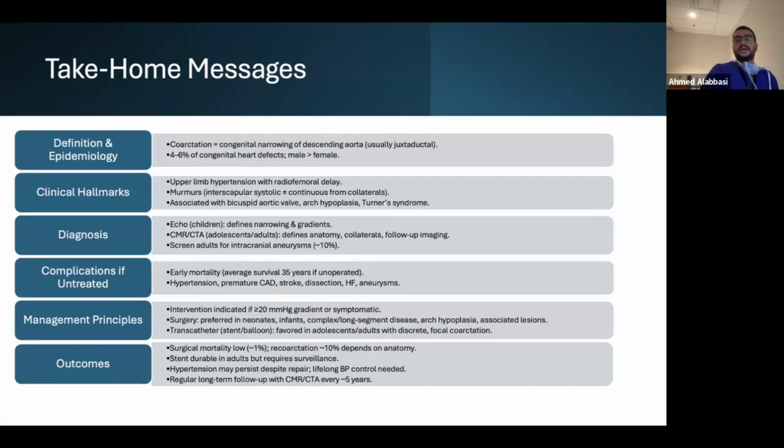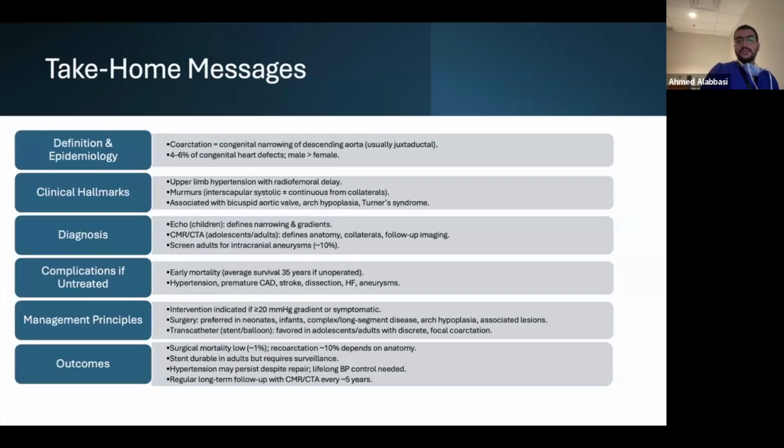Echo to define narrowing and gradient, and the best test would be CMR/CTA to define anatomy, the presence of collaterals, and is the best for follow-up imaging to monitor for complications such as recoarctation or aneurysm formation. And you do need to screen adults for intracranial aneurysms, which occur maybe in around 10%.